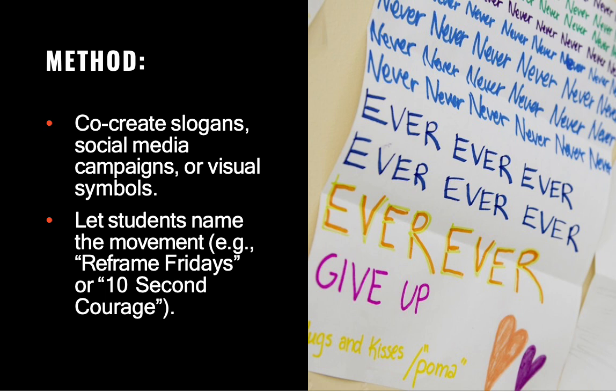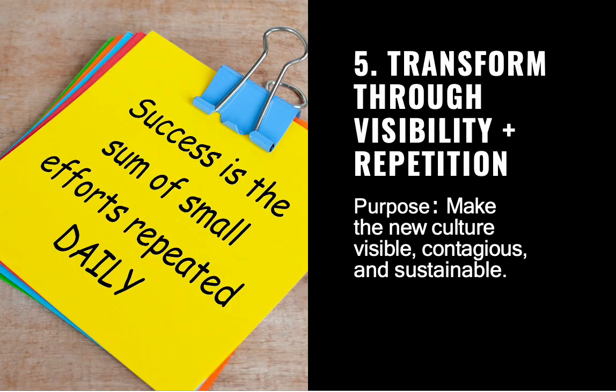At one school I did, they took the shoe idea and put shoes up and had kids put their dreams on the shoes, and kids could visually see their dreams and a way they wanted to reach out and help other students. Let students name the movement, right? Come up with some ideas. A lot of kids have really good ideas to do things that will bring a different kind of social norm. So utilize those kids.